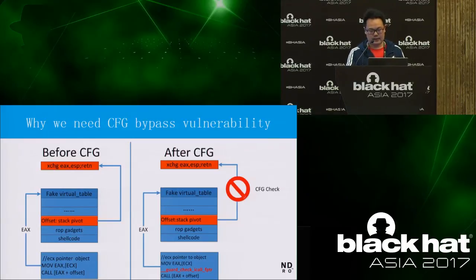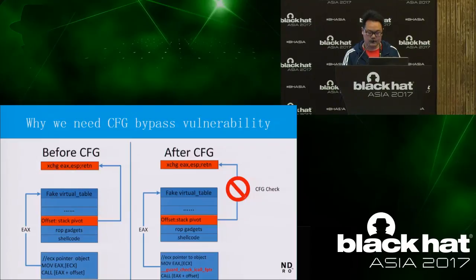The right picture is the situation when CFG is introduced in Windows 10. When the call instruction runs, it will first call the CFG check to check whether the stack pivot address is CFG valid. Because the stack pivot address is not the beginning address of a function, the CFG check will fail.